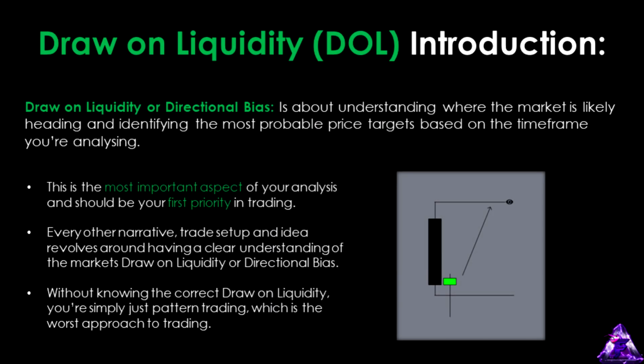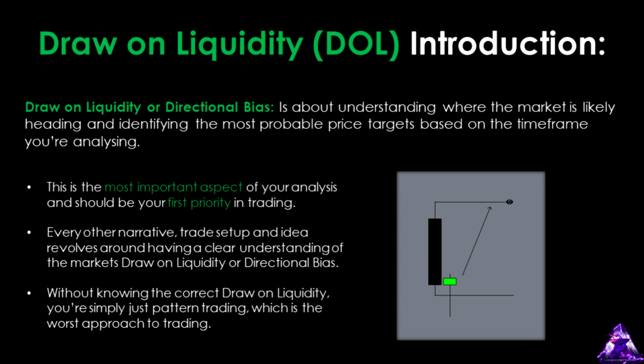First, we're actually going to begin with an introduction to draw on liquidity, what it is, and what it actually means. Draw on liquidity, also known as directional bias, involves understanding and predicting where the market is likely headed and identifying the most probable targets based on the time frame that you are analysing.